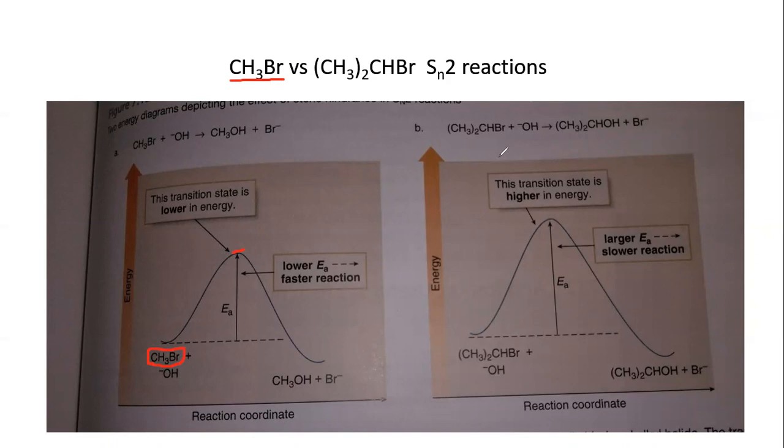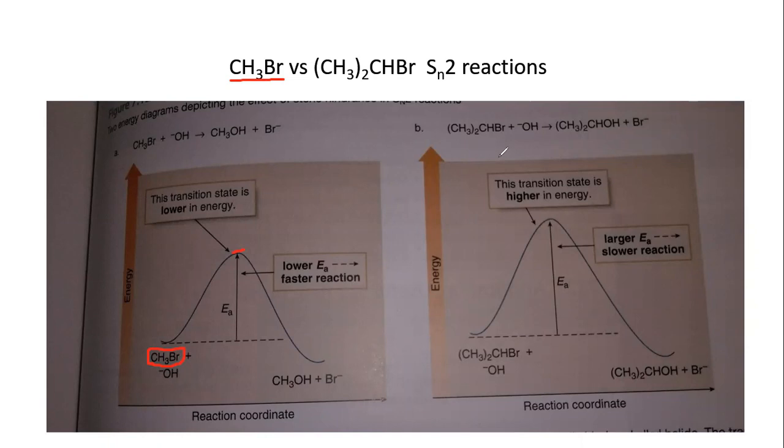So it will react, but it'll take a little bit longer because now it's a little bulky. It's harder for that nucleophile to squeeze in and attack from the backside, while the leaving group, aka the bromide, is leaving. So again, the less substituted the alkyl halide, the easier it is for the backside nucleophilic attack, making lower activation energy and faster reaction.